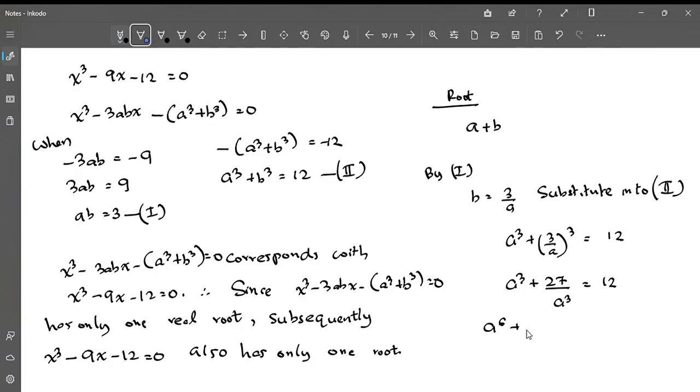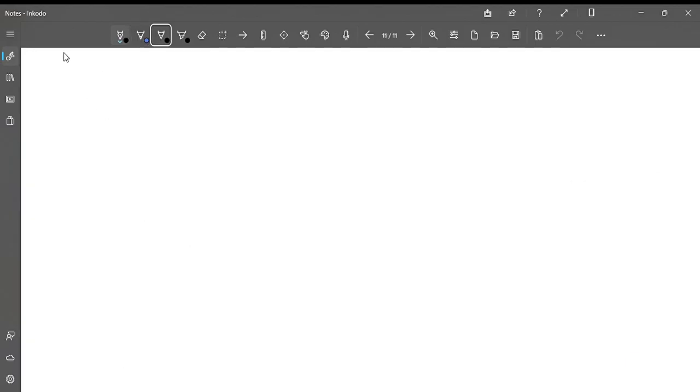a to the power 6 plus 27 equals 12a cubed. a to the power 6 minus 12a cubed plus 27 equals 0. Let's consider a cubed is p. Then this becomes p squared minus 12p plus 27 equals 0.